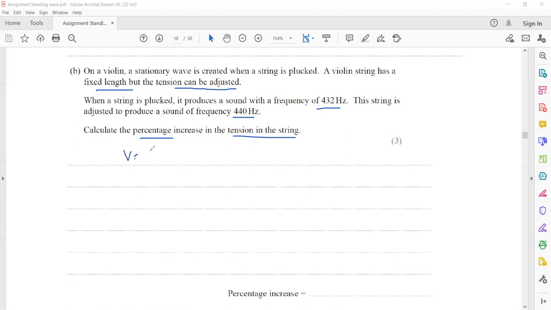So v equals f lambda is the wave equation, and v equals the square root of T divided by mu is the equation used particularly for a wave in a string. So when we compare these two, we can say f lambda equals the square root of T divided by mu.